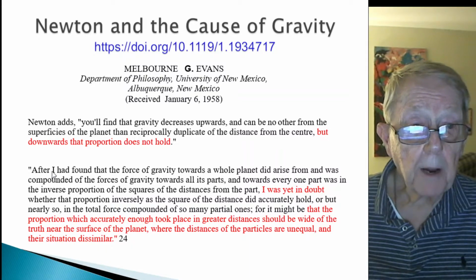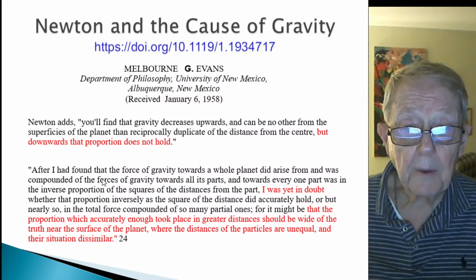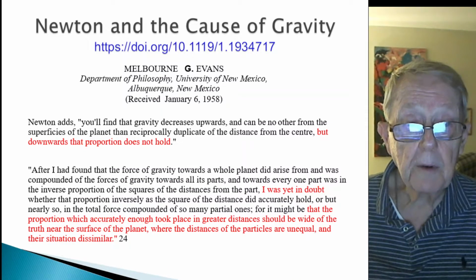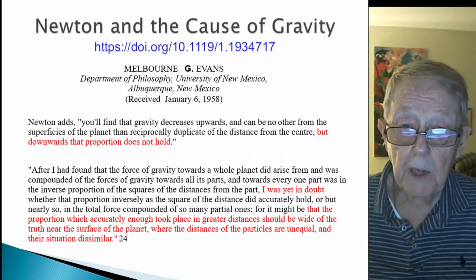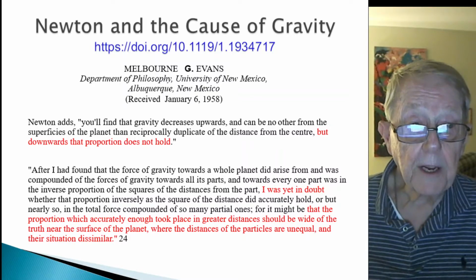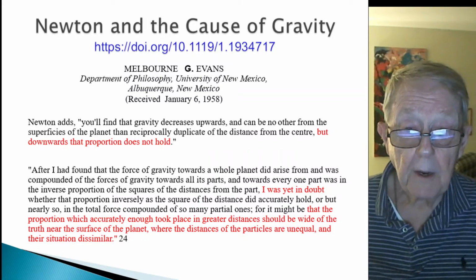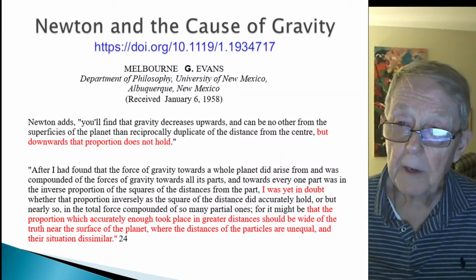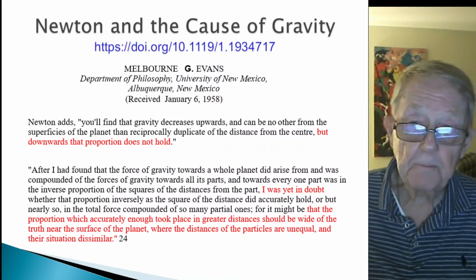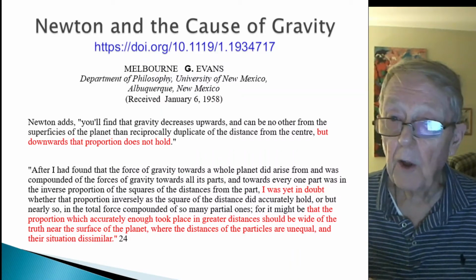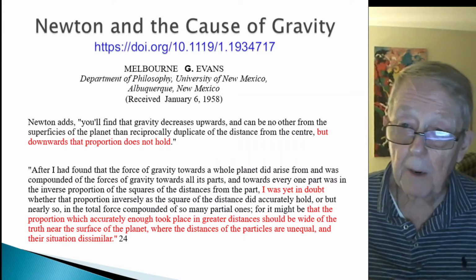Later in the paper, after he found that the force of gravity towards the whole planet did arise from and was compounded of the forces of gravity towards all its parts, and towards every one part was in the inverse proportion of the squares of the distance from the part, he was still in doubt. In other words, he took the Earth and broke it up in pieces and thought through how one part of the Earth interacts with another part.